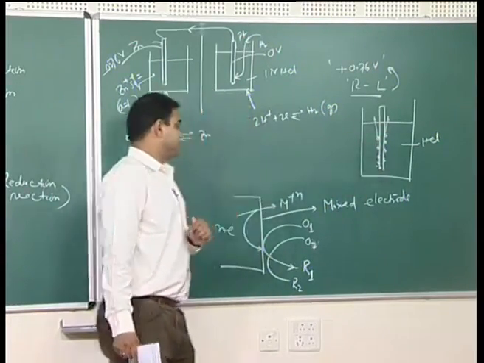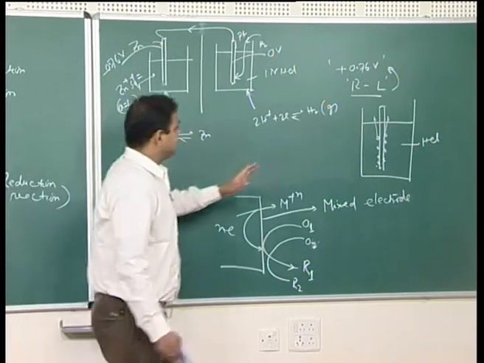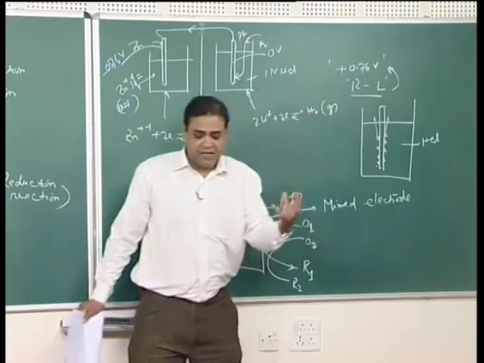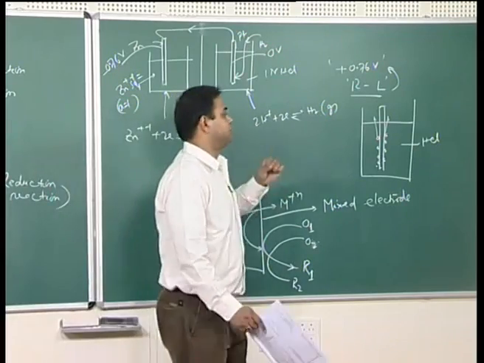In the actual situation, initially zinc has its own reversible potential and hydrogen also has its own reversible potential.